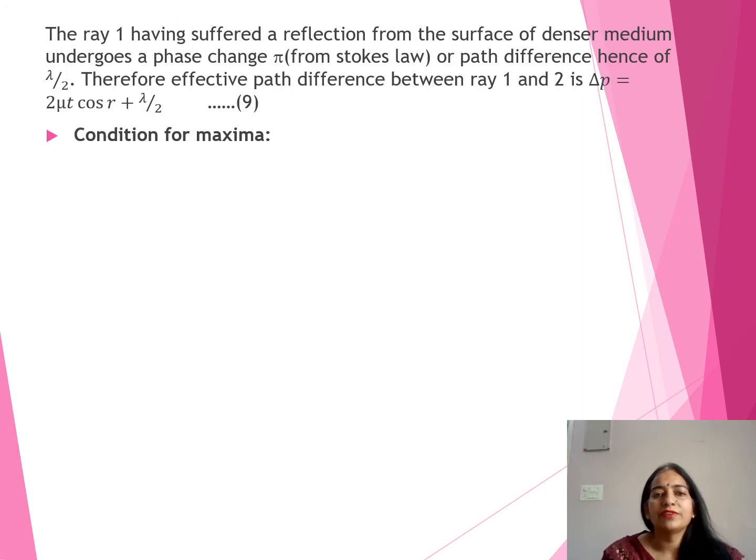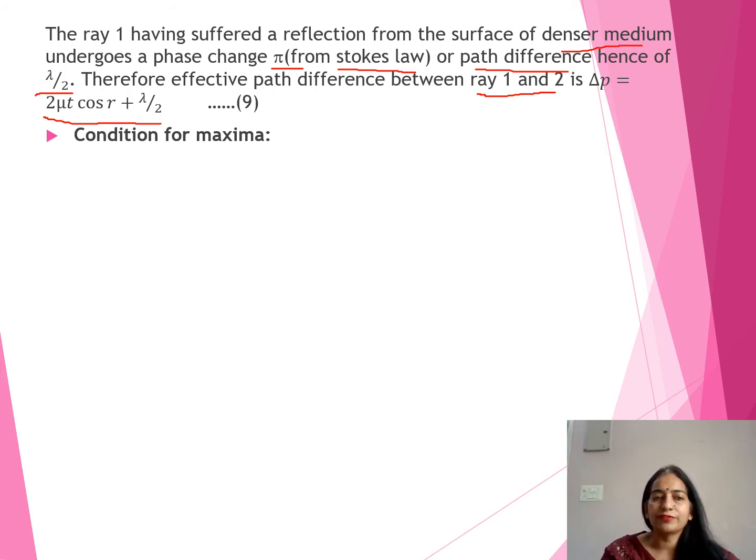Now, ray 1 suffers reflection from a denser medium and undergoes a phase change of pi. This is known as Stokes law. So an additional path difference of lambda by 2 is added or subtracted. So the effective path difference between rays 1 and 2 is 2 mu t cos r plus lambda by 2.